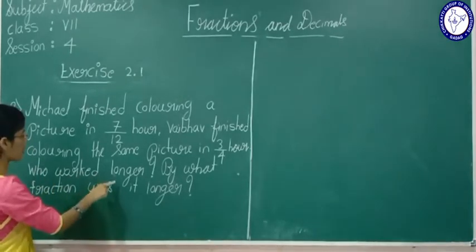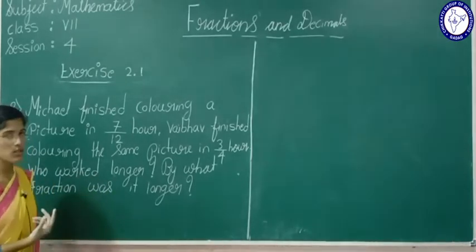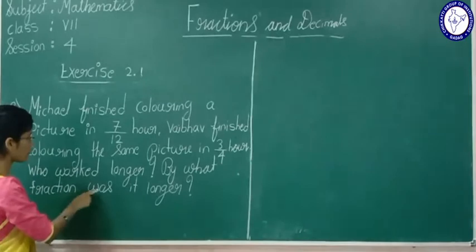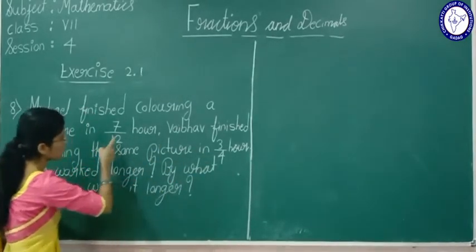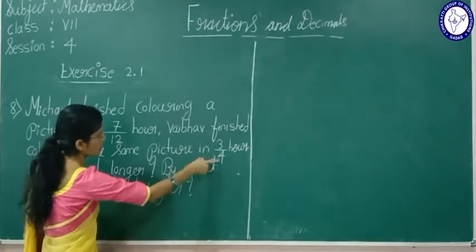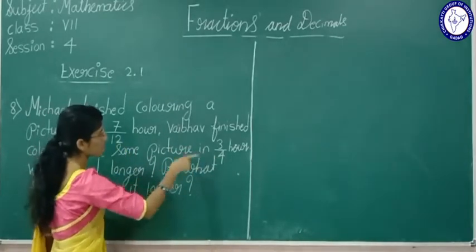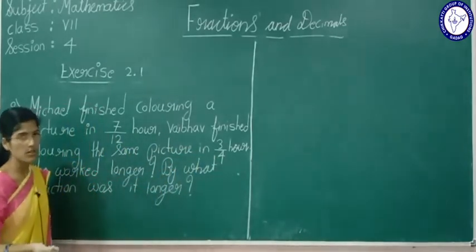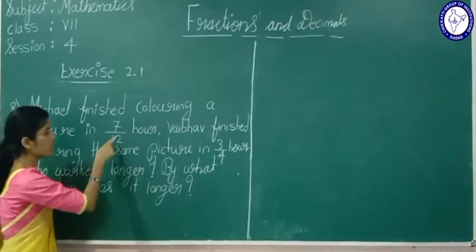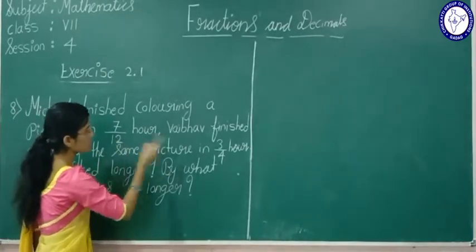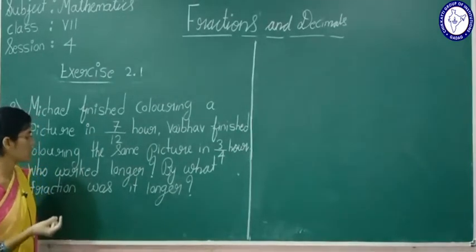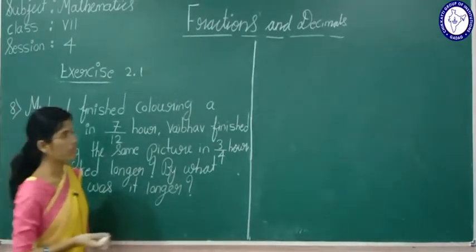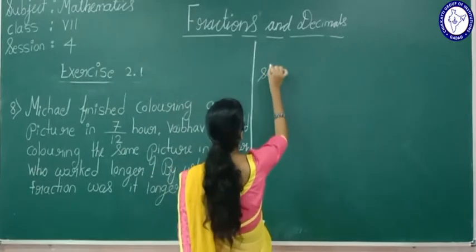Who worked longer? They are asking who worked longer. By what fraction was it longer? So to compare this, we want like fraction. If we have like fraction, we can tell who worked longer. First what we will do, we will convert this into a like fraction and we will see who had worked longer. Okay, see a solution.